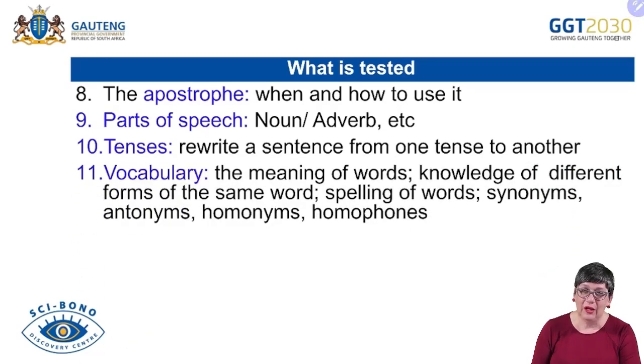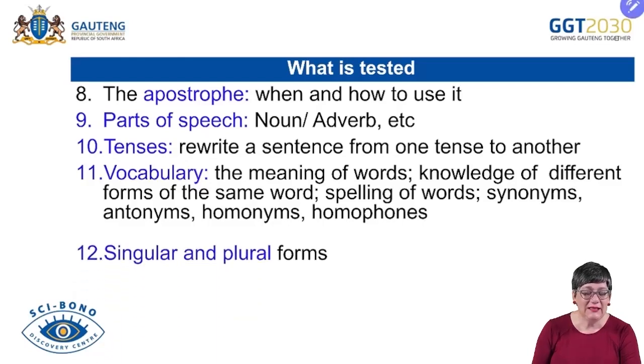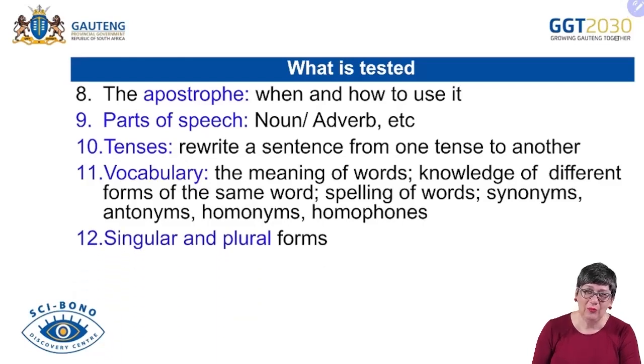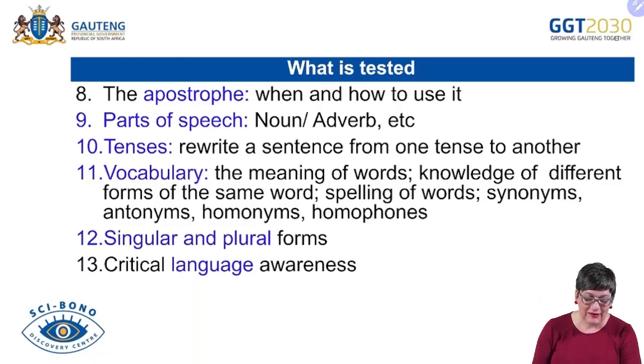Vocabulary, and I know it's sometimes difficult. Here they focus on words like synonyms, antonyms, homonyms, homophones. So in another lesson, we'll look at those ones, singular and plural forms, and critical language awareness. So these are some of the topics that they test in your question 5 of paper 1.